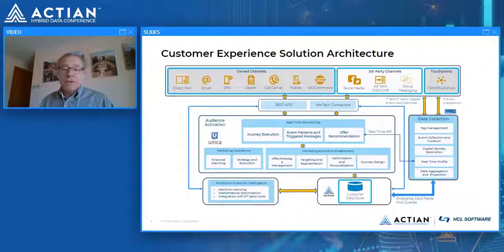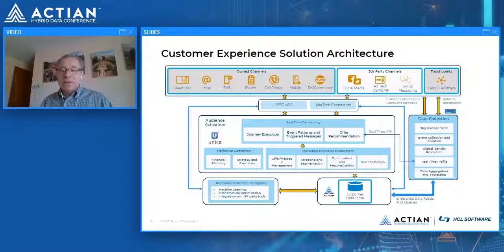From the functional architecture perspective, the solution has the following footprint. At the top of the diagram, there are channels either owned by the company or channels that represent third-party and social media, anywhere where the company can interact with its customers and prospects.